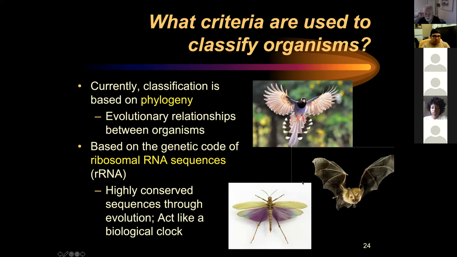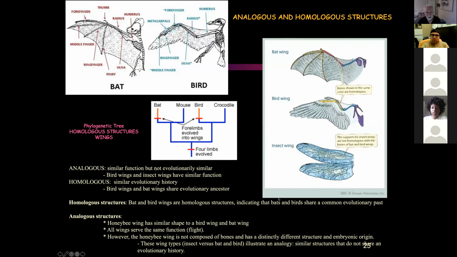But first, let's think about wings. And in doing so, I'm going to introduce you to two terms, which you'll need to remember. They're analogous and homologous structures. So let's first look at the bat wing, the bird wing, and the insect wing.